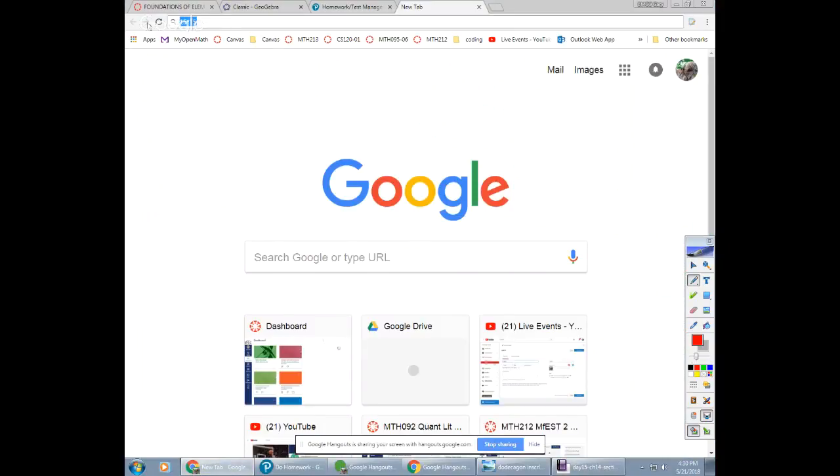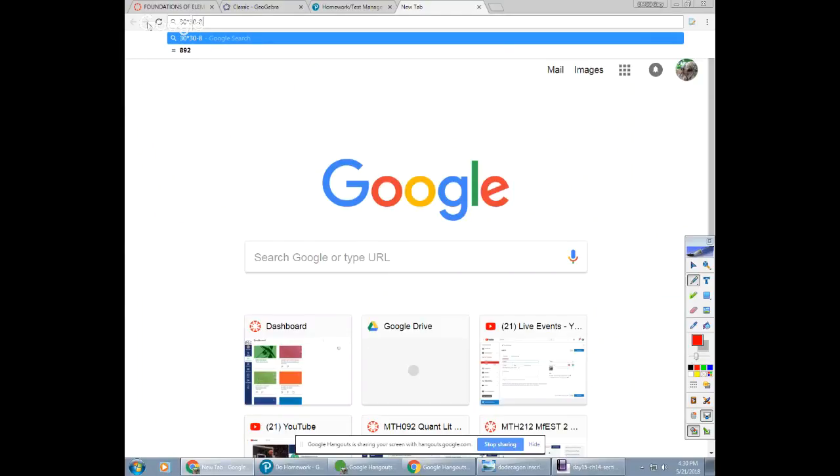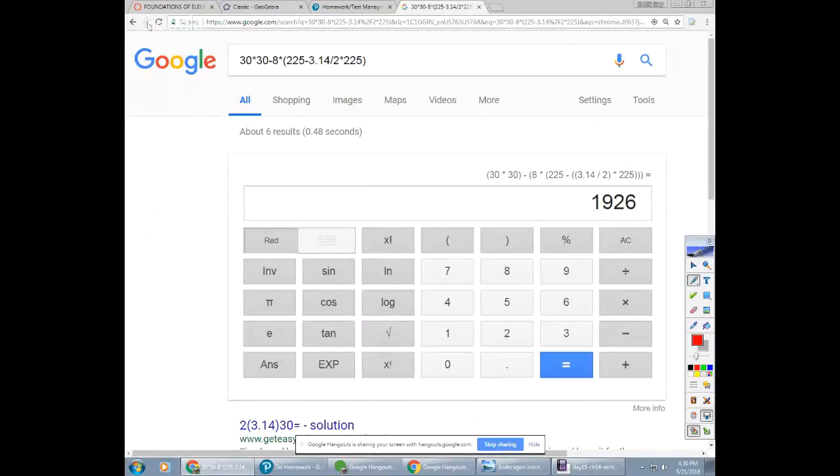The whole thing is 30 by 30, and I need to take away 8 of those funky regions. Those funky regions had 225 in them, minus pi over 2, use 3.14, times another 225. Unless I screwed up, I got 1926.